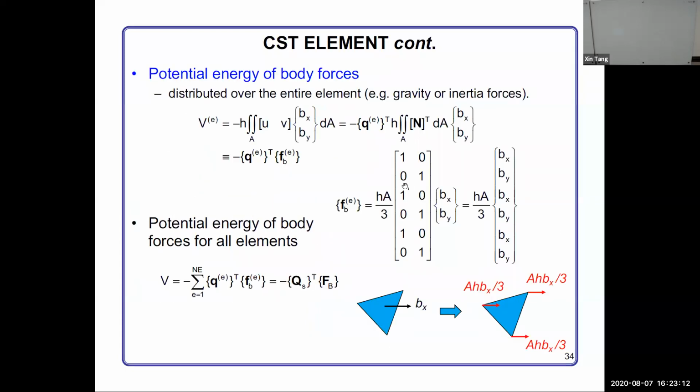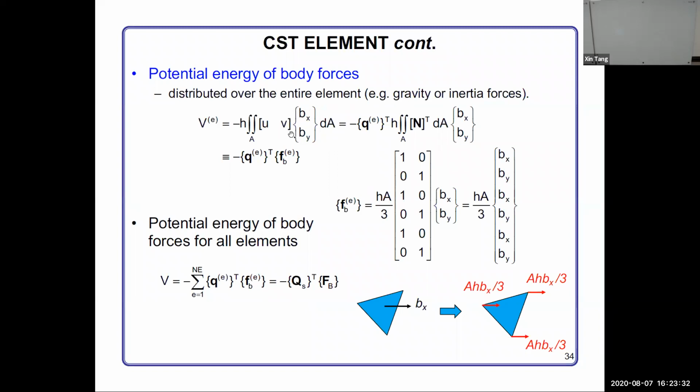Okay. So for the distributed body force, we can also calculate the potential energies in terms of the degree of freedom times the body force, and then do the body integration.